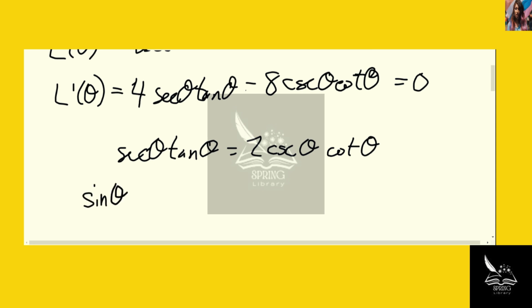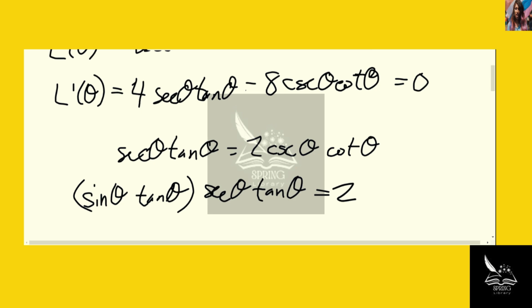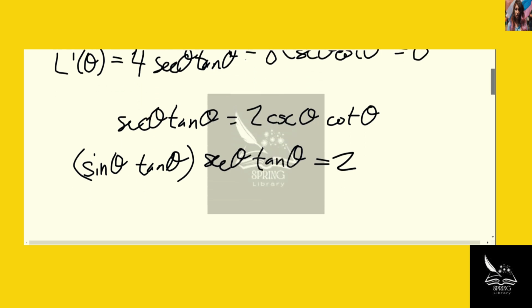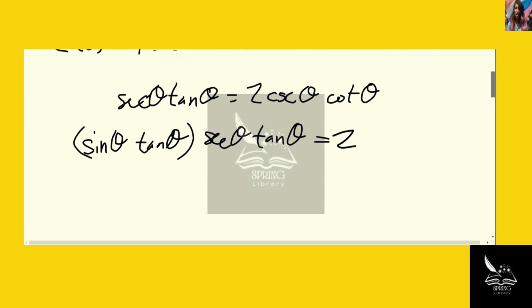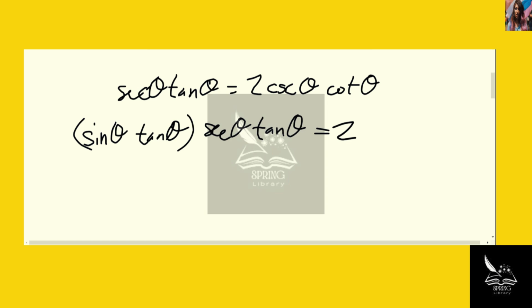So I have sine of theta times the tangent of theta times the secant of theta times the tangent of theta again equals 2. So this is the same as tangent cubed of theta equals 2.